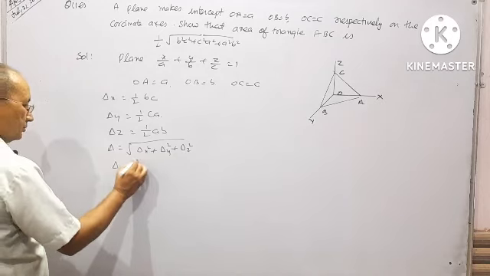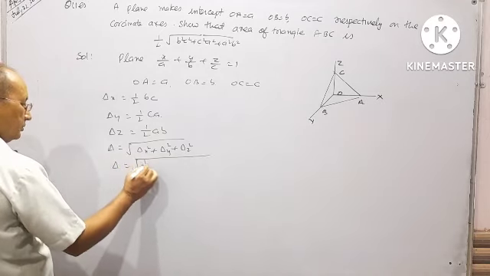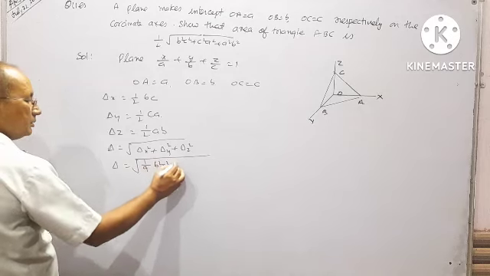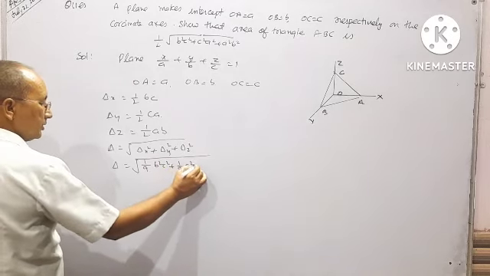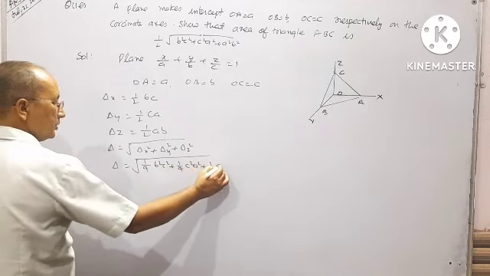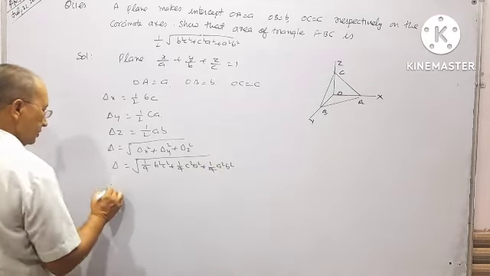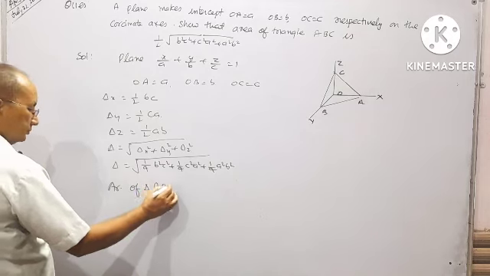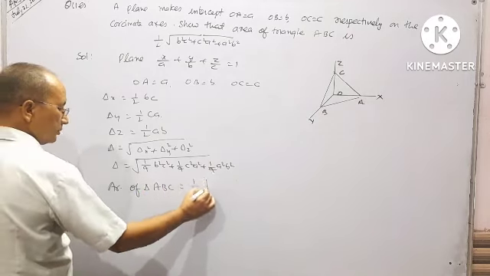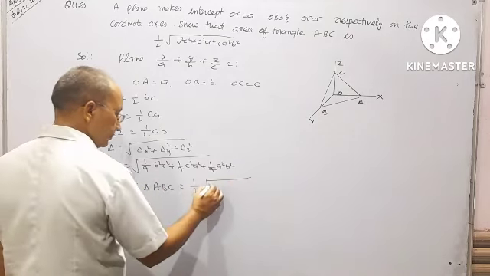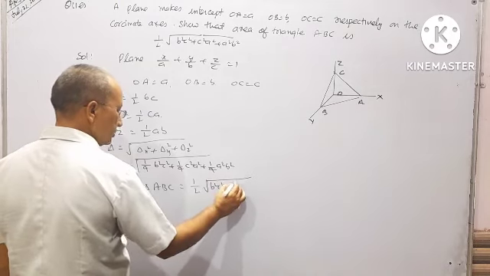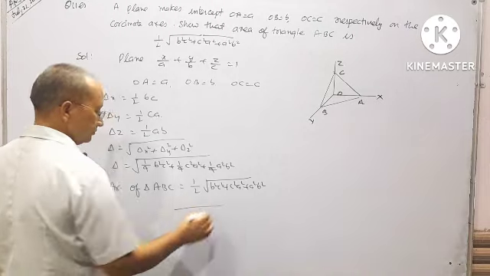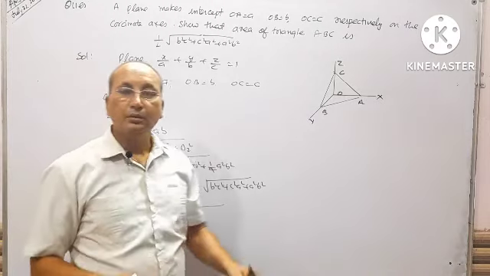Delta equals root of 1/4 b square c square plus 1/4 c square a square plus 1/4 a square b square. Area of triangle ABC equals half root of b square c square plus c square a square plus a square b square. That's all. That is the area of the triangle ABC.